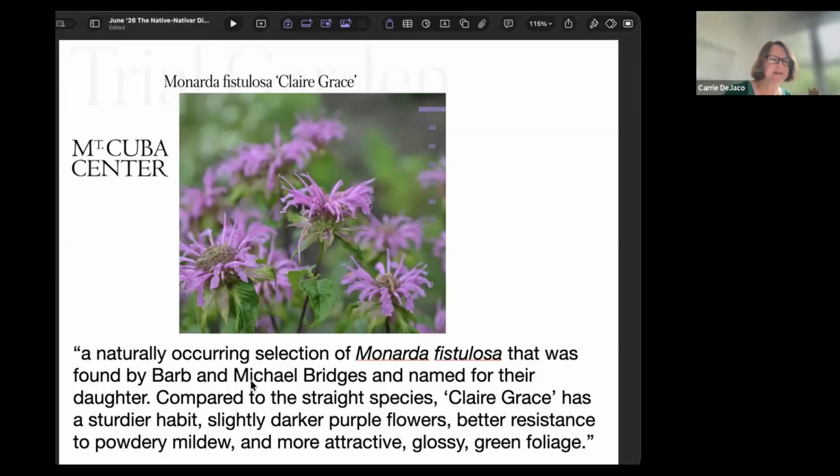They found that it was better resistant to powdery mildew, more attractive glossy green foliage than the other Monarda fistulosas that they have. They began cloning that. So now that one individual plant that they initially found has been propagated over and over and over. So we now have thousands and thousands of copies of this one individual plant, which is a cultivar.